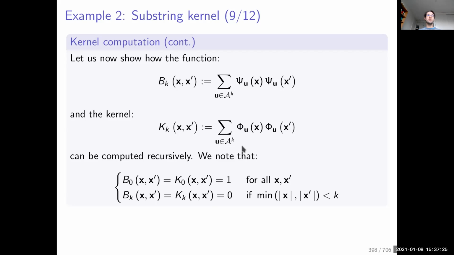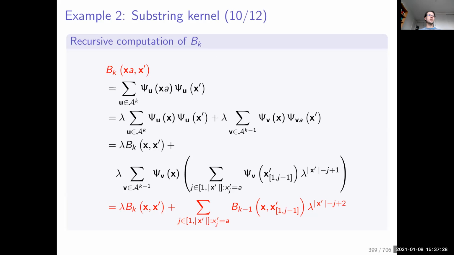And if you work a bit more, you can obtain a recursive computation of this kernel bk of x plus a letter and x prime as something that depends on bk of x prime without this letter, plus something that depends on bk minus 1 and also smaller sequences, in a complexity of size at most the length of the sequence.